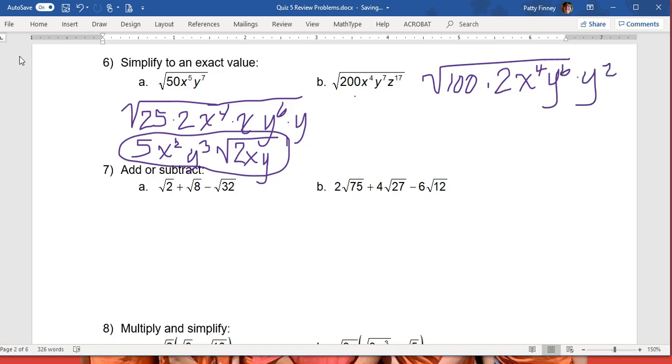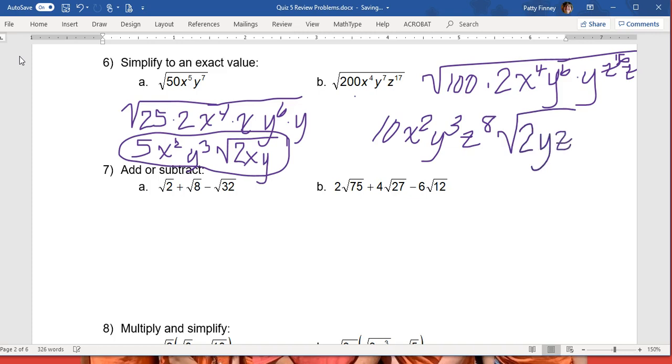And then z to the 16th times z. Sorry about my handwriting, folks. Square root of 100 is 10. Square root of x to the 4th is x squared. Square root of y to the 6th is y to the 3rd. And the square root of z to the 16th is z to the 8th. So that gives us 2yz in the leftovers.